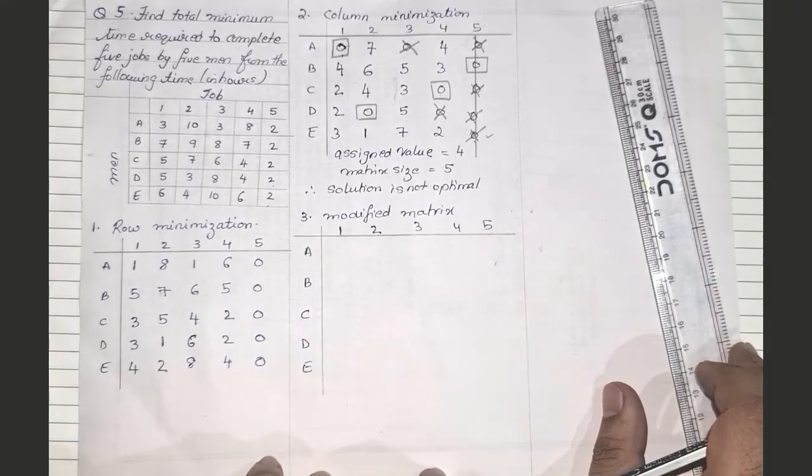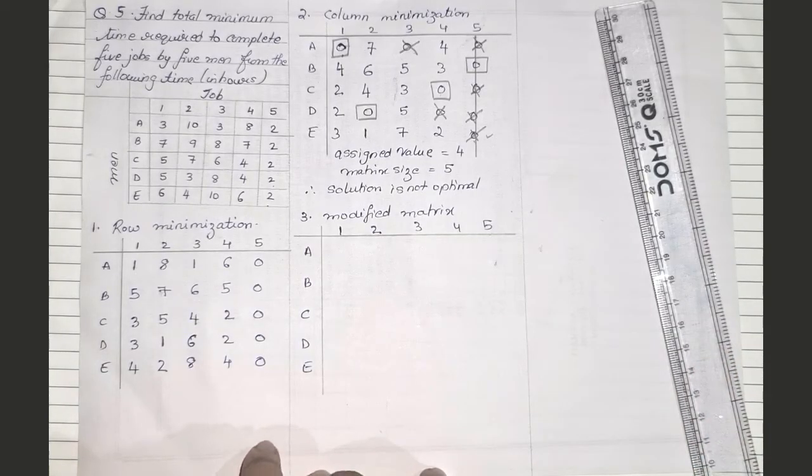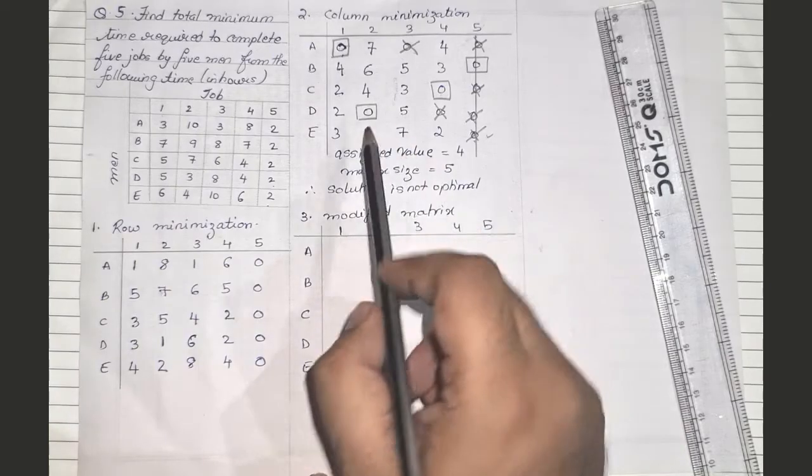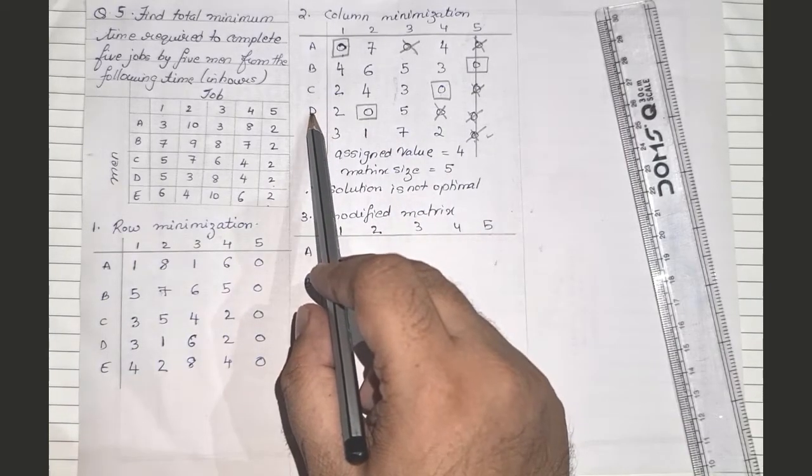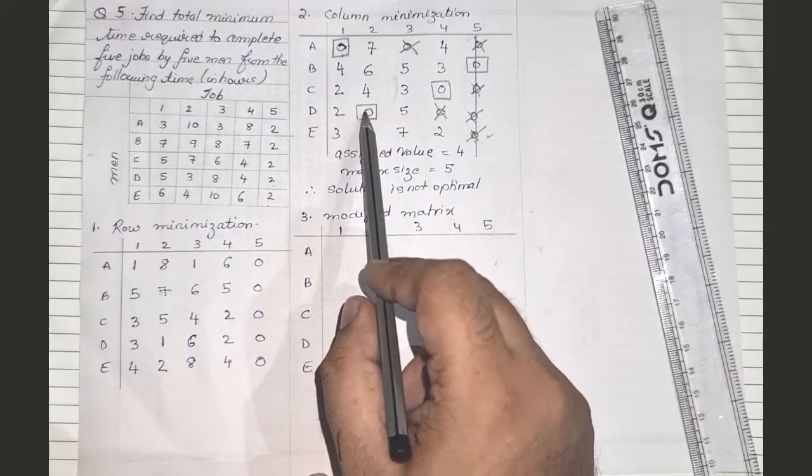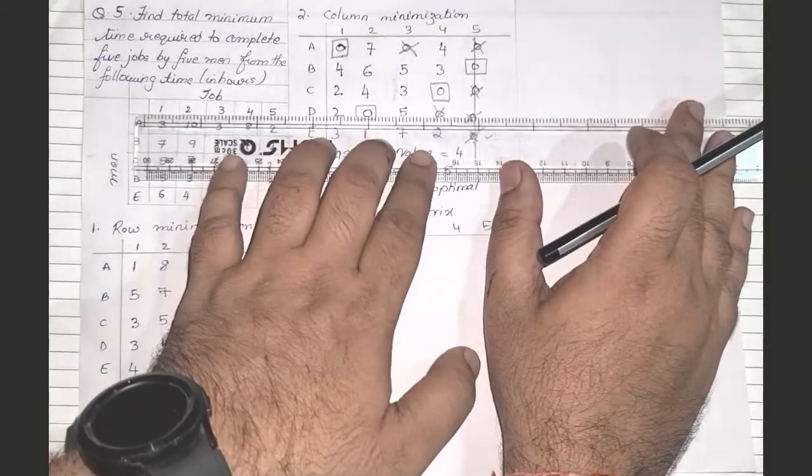Now after that, we need to check all those rows which have multiple zeros. If you look carefully, the row D has multiple zeros, so we cross that particular row.